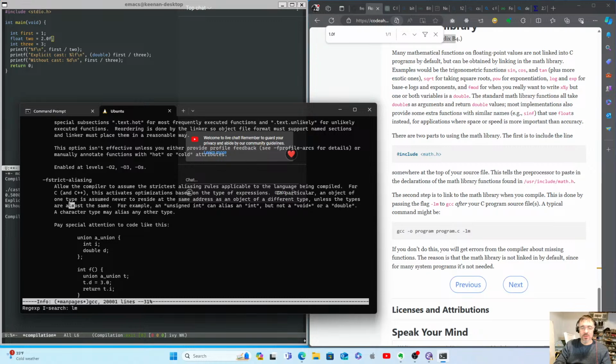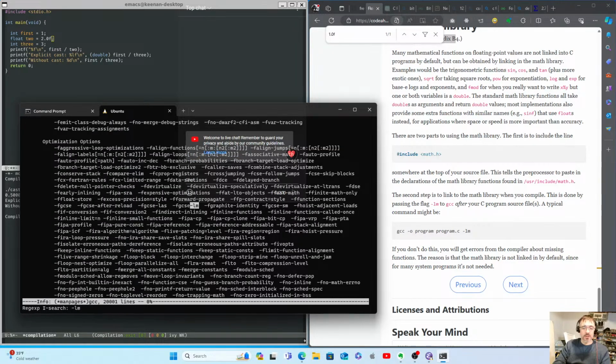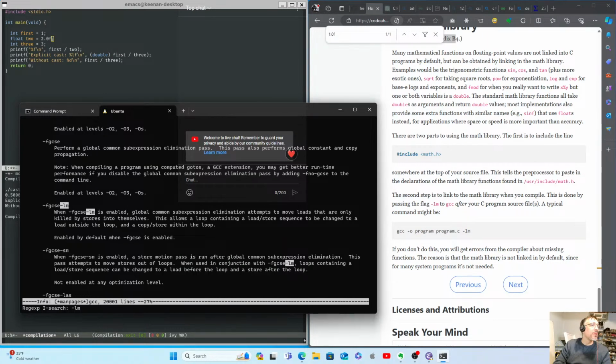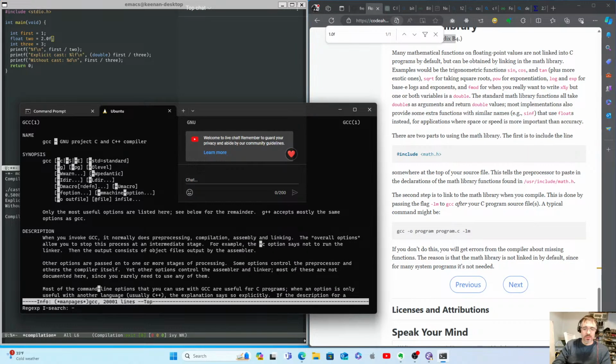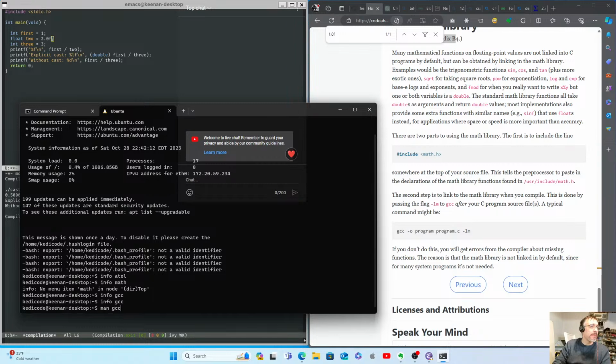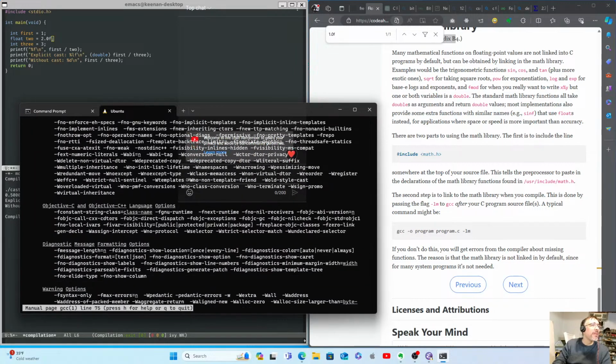Info GCC, and then let's do -lm. I don't know what the -lm does. Language options?